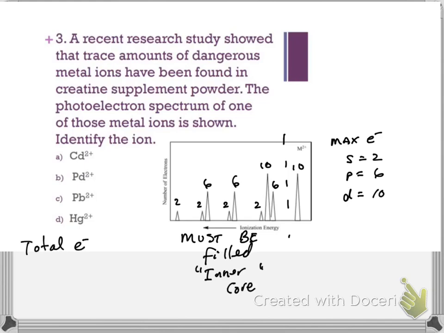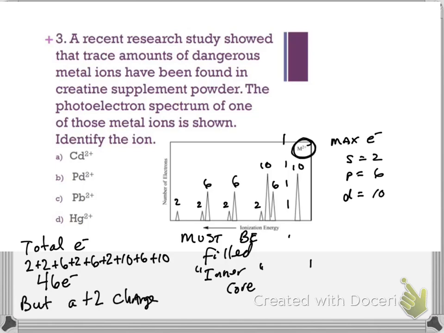So let's add them up. The total number of electrons, we had 2 plus 2 plus 6 plus 2 plus 6 plus 2 plus 10 plus 6 plus 10. Total number of electrons is 46. So we have 46 electrons, and this gives the species a positive 2 charge. So that means we can calculate the number of protons here. The number of protons minus 46 electrons has to equal the total charge.